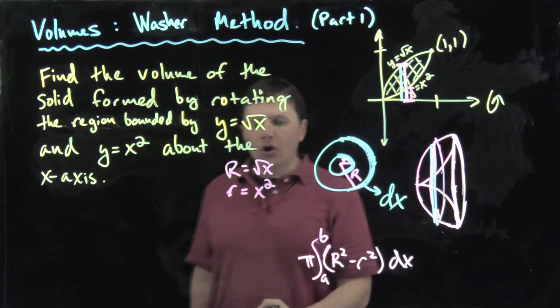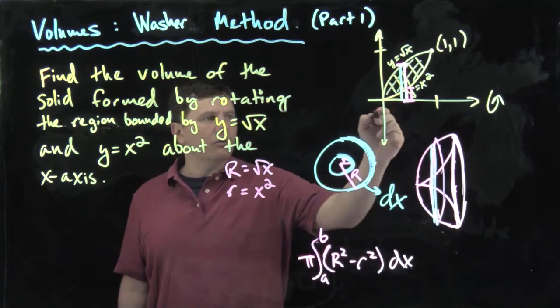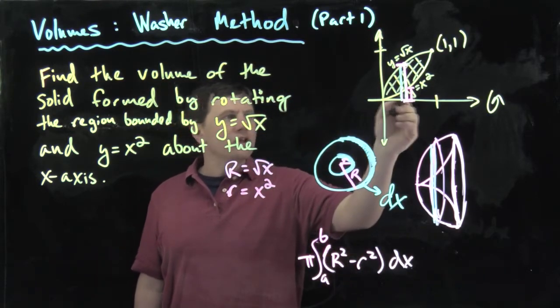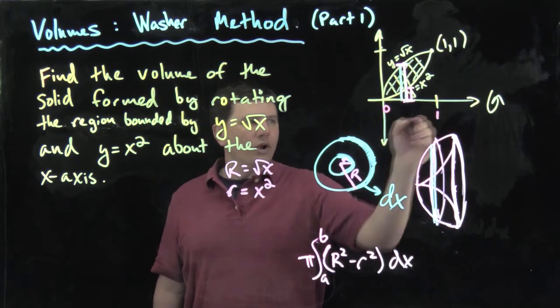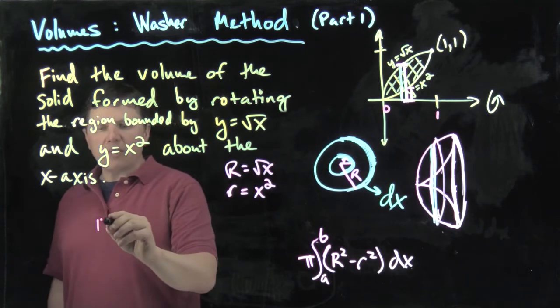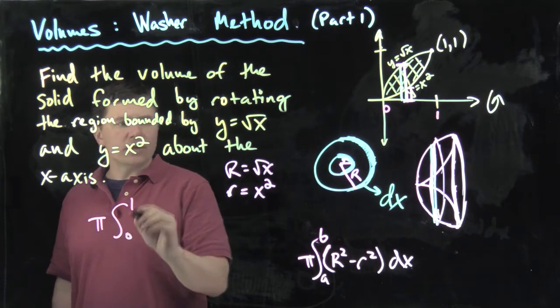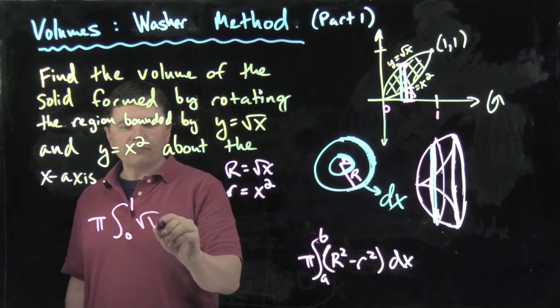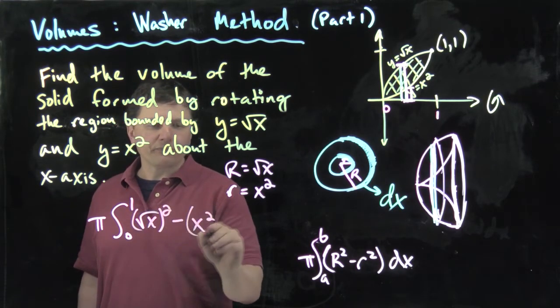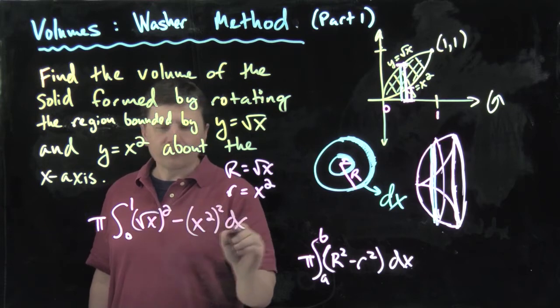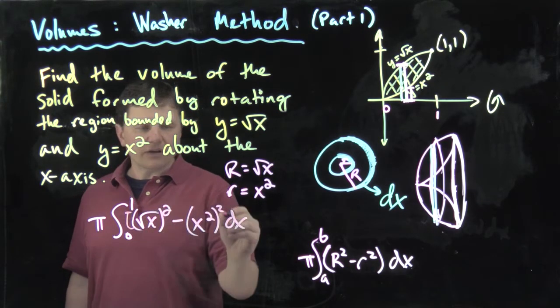Okay. So from there, we want to just find our a and b. So where are we starting? That would be 0, and we're going all the way to 1. So this will be pi, integral from 0 to 1, of big R squared minus little r squared, and that is going to give us our volume.